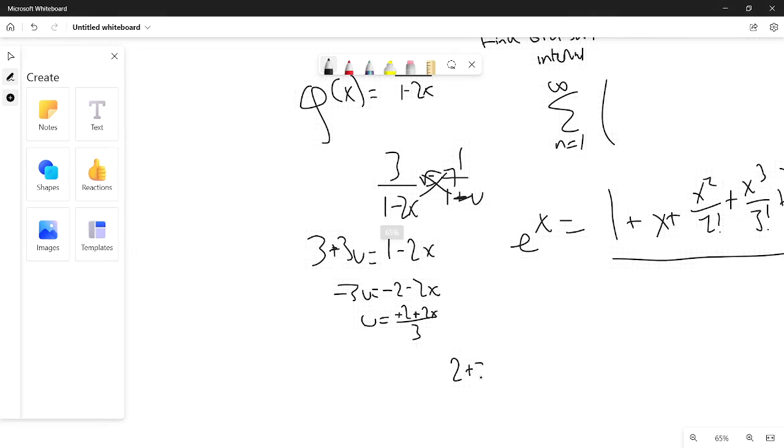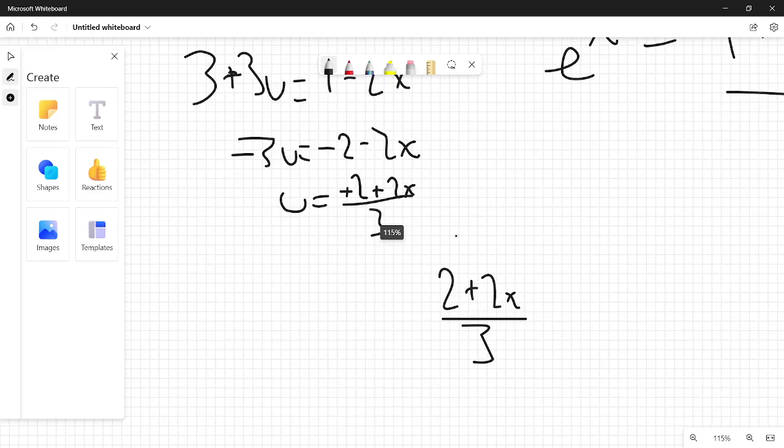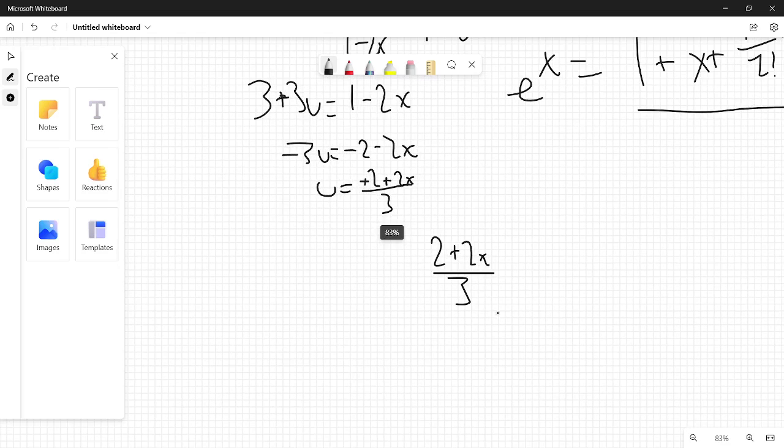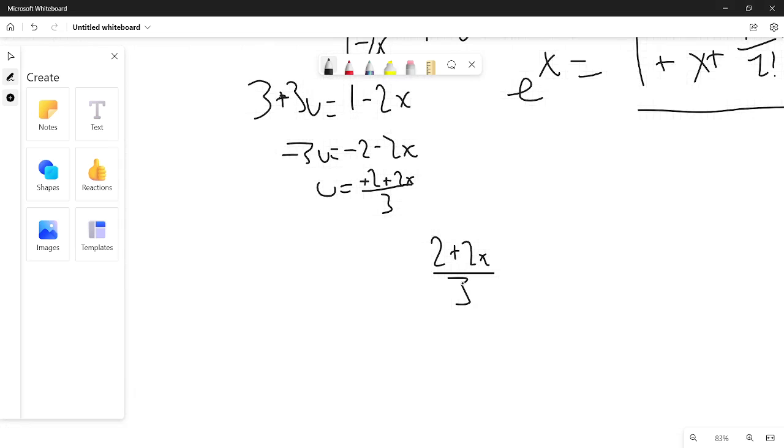And essentially when we're finding the interval on which this series converges, it's the interval under which it's going to be less than 1 and greater than negative 1. I kind of prefer to just look at it because I can visualize it.